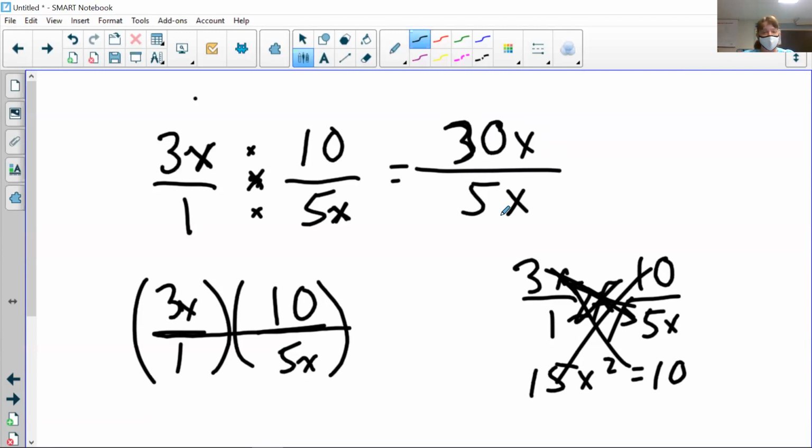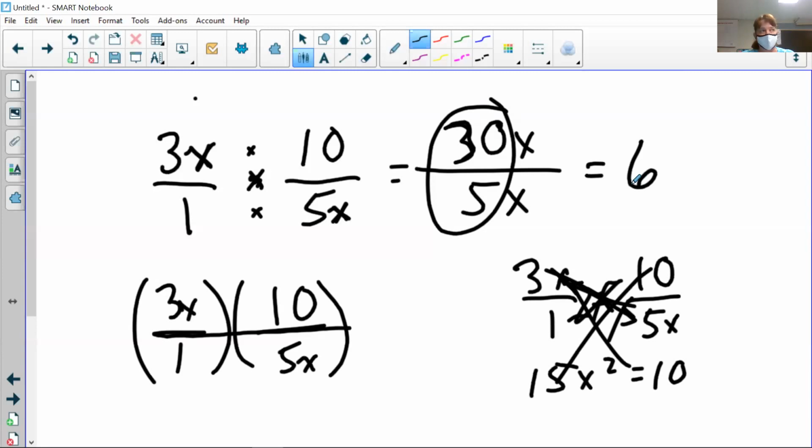Okay, now this is not simplified. You can't leave it like that because it can be reduced. So go ahead, Evan, tell me how we would reduce this. Okay, so tell me what you did first. Okay, so we took the number part of it, and we divided it. So we get 6 as our number. What about those x's?